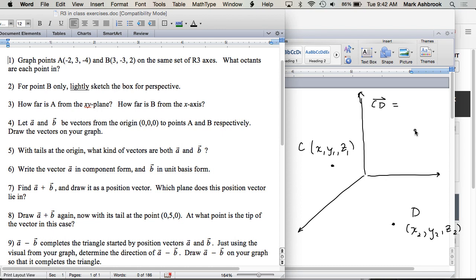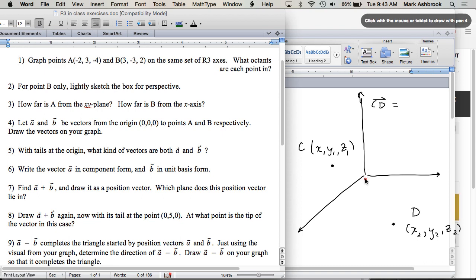Yes. Everything we've done so far, although I haven't explicitly talked about R3, is the natural kind of thing in R3. So yes, for unit basis form, it'd be i, j, and k. Let me draw those. i is still for the x coordinate.